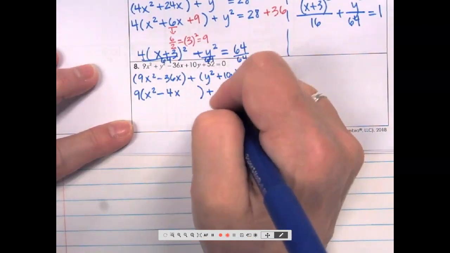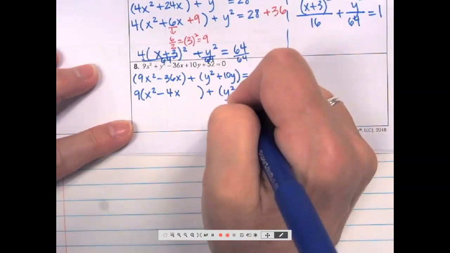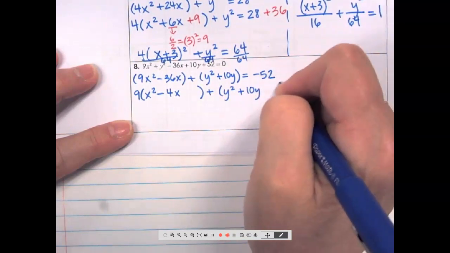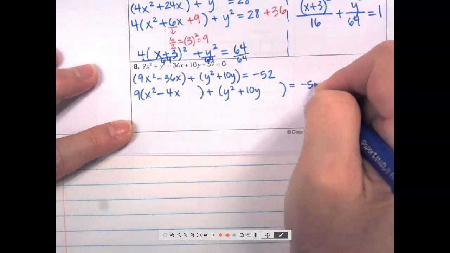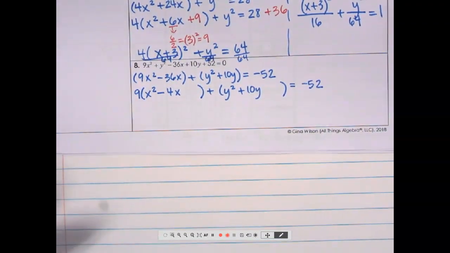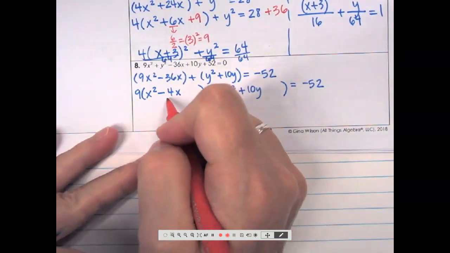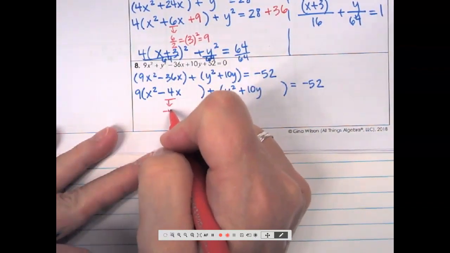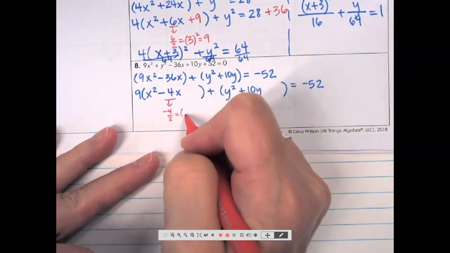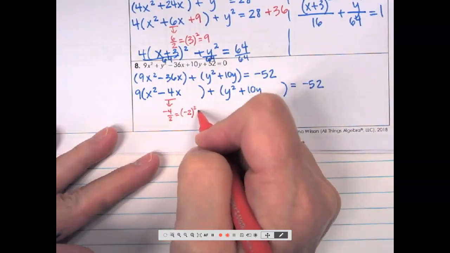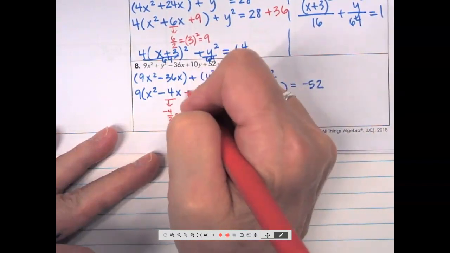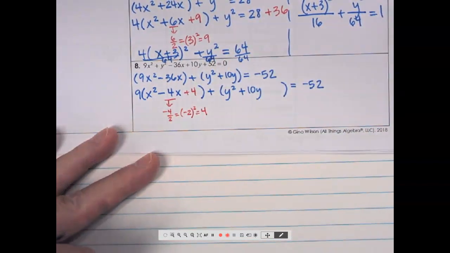There's nothing to factor out of the y's. So all we have to do is leave some space. Like that. Okay, now if you can do this little funky step in your head, then go right ahead. But just be careful. Negative 4 divided by 2 is negative 2. When I square it, I get a positive 4.